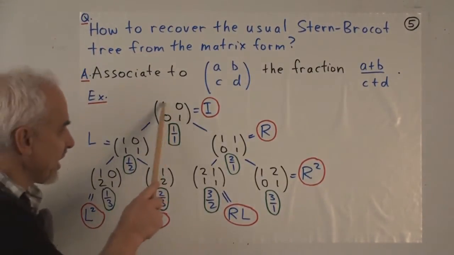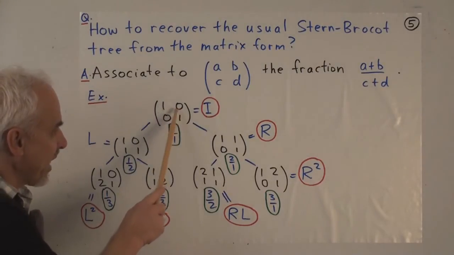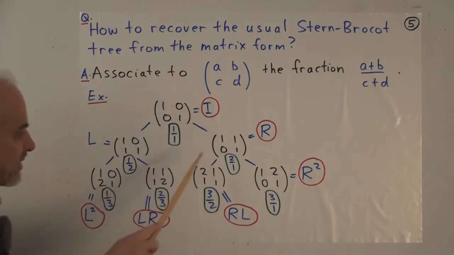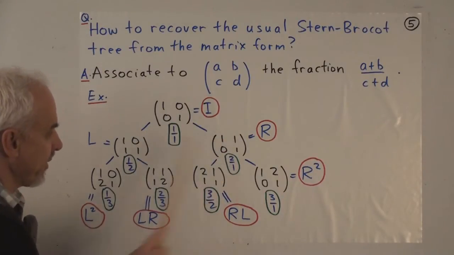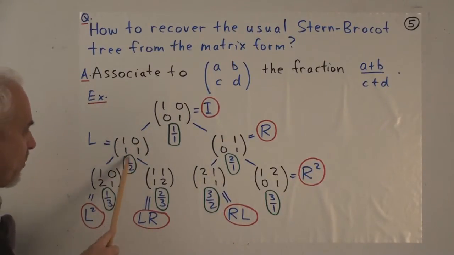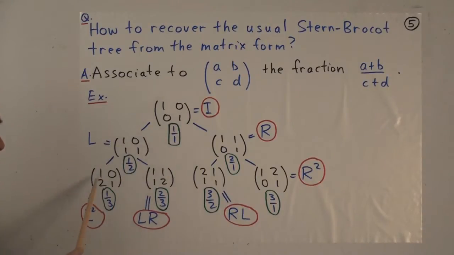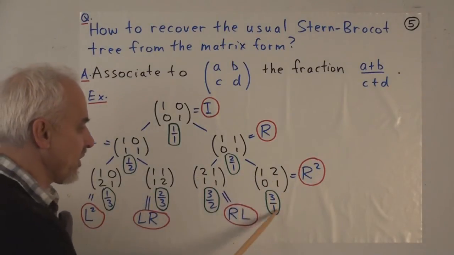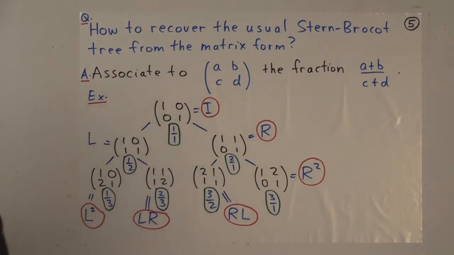So for example, instead of the identity matrix, if we add the top and the bottom, we get 1 over 1. Instead of R, we would get 2 over 1. Instead of left or L, we get 1 over 2. And this matrix would correspond to 1 over 3, this one to 2 over 3, this one to 3 over 2, this one to 3 over 1, and so on.